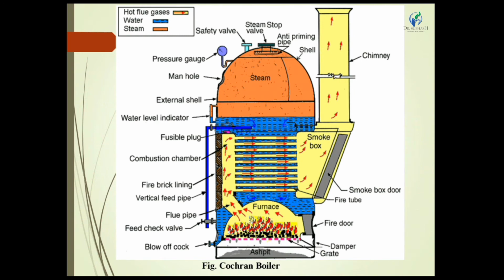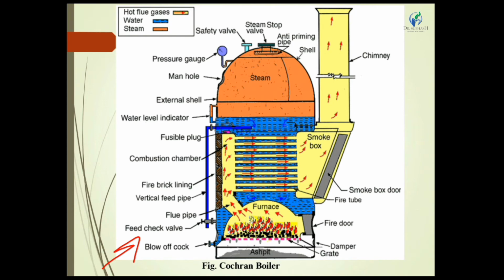On the secondary side we have to study the water. The blue portion is the water and the orange portion is the steam. First we have to add water from the feed check valve. Through the feed check valve we add water inside the boiler, and the water is directly in contact with the fire tube.